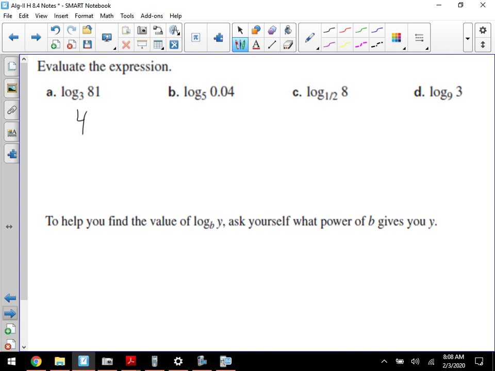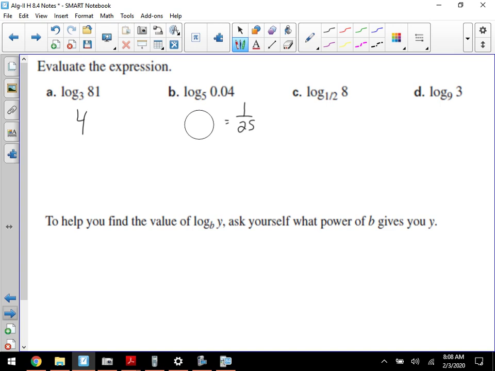Now, the next one's a decimal again. Decimals are not fun. But what is that in terms of a fraction? Otherwise it's known as 4 100ths, right? 4 100ths is how much? Which is 1/25.